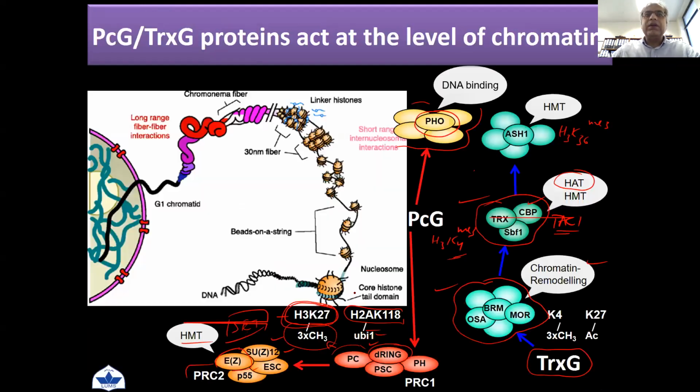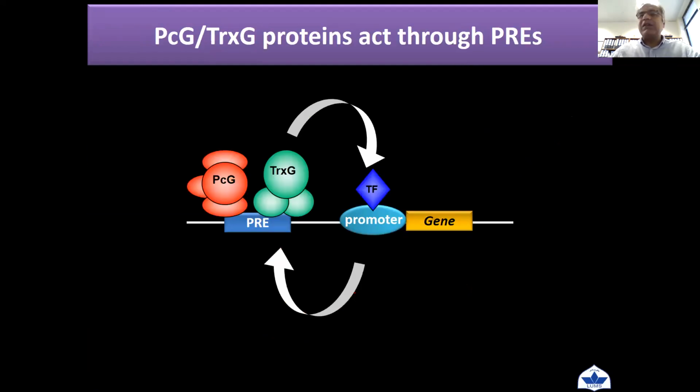So here you can see this transcription factor is depicting the early establishment phase of the cell type specific gene expression pattern. They disappear, and the maintenance function is done by Polycomb and Trithorax.